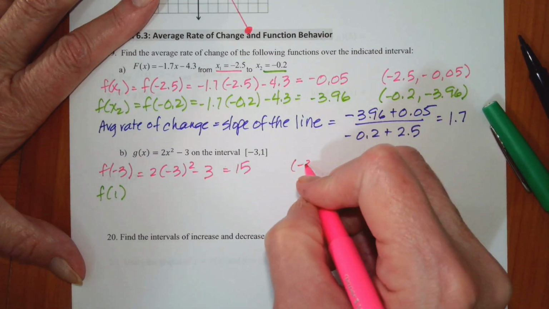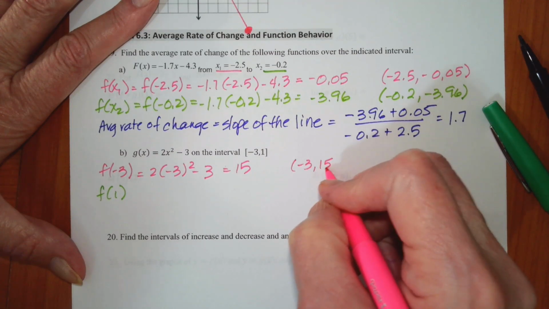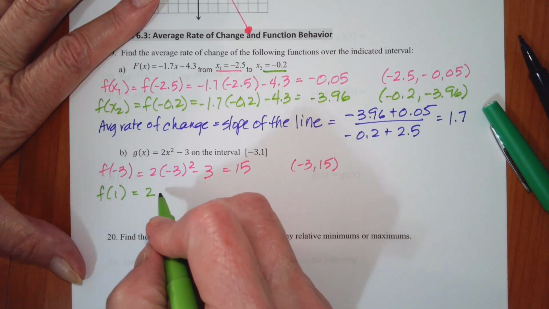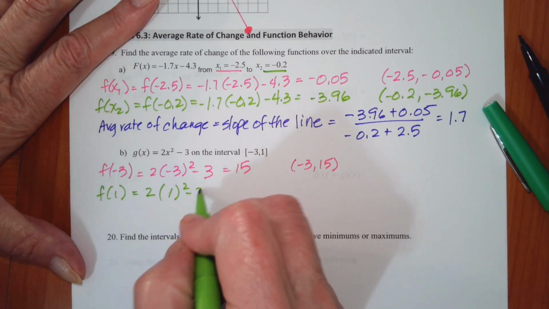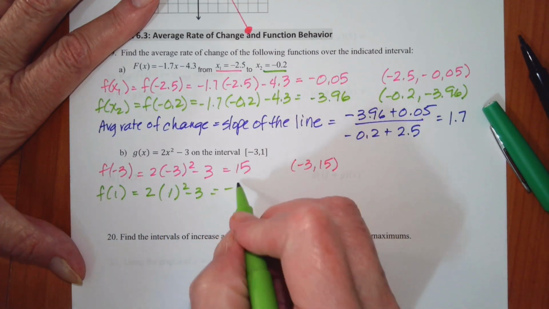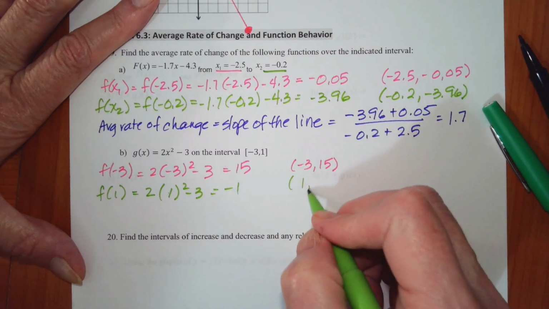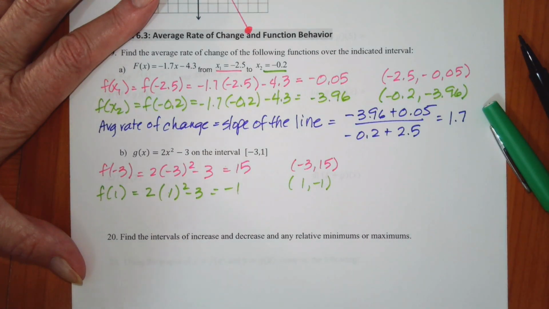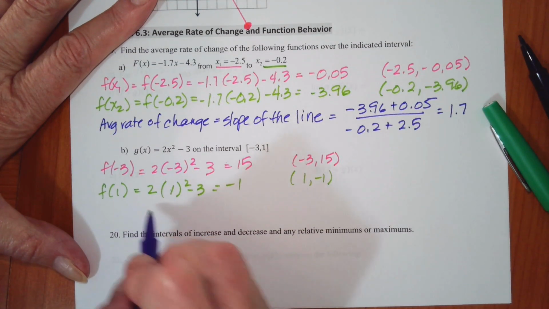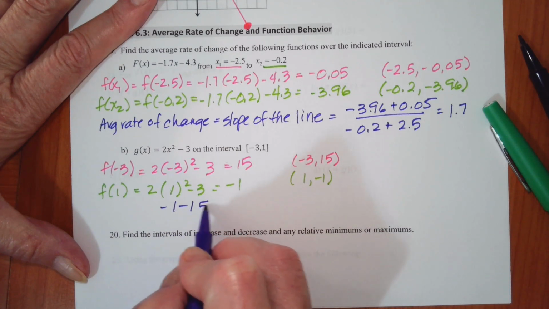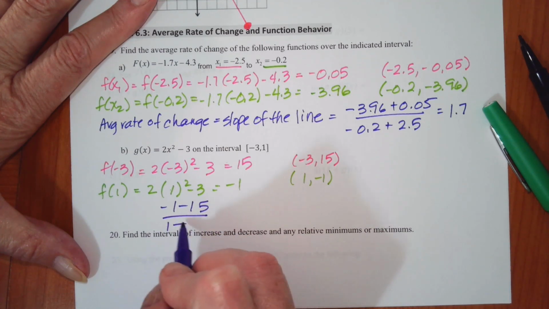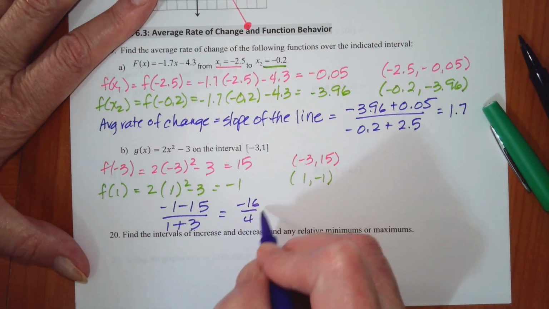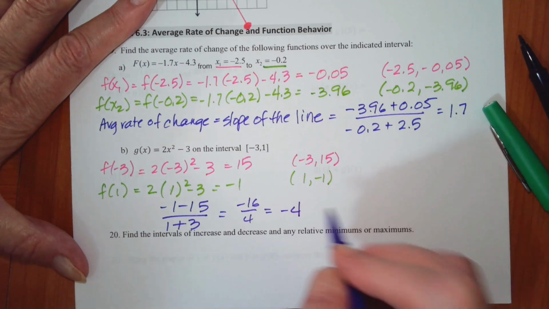So I have -3, 15. This is 2 times 1 squared minus 3, which is -1. So I have the point 1, -1. So I have to find the slope, which is -1 minus 15 over 1 minus -3. That's -16 over 4, which is -4.